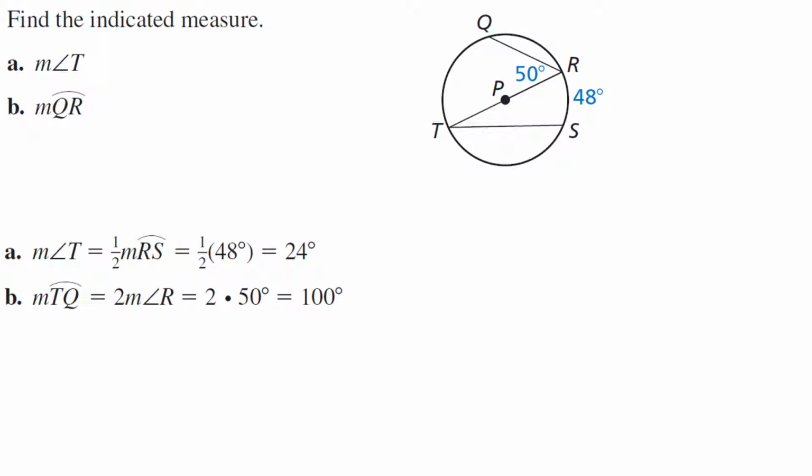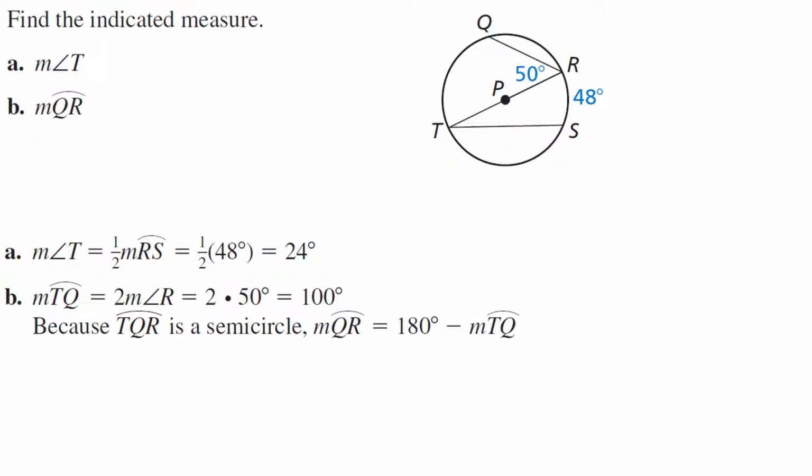Oh, we have a diameter, don't we? Segment RT, because it goes through the center of the circle, it is a diameter. Therefore, we're looking at a semicircle, right? Arc TQR is half of a circle, so it has to add up to 180 degrees.